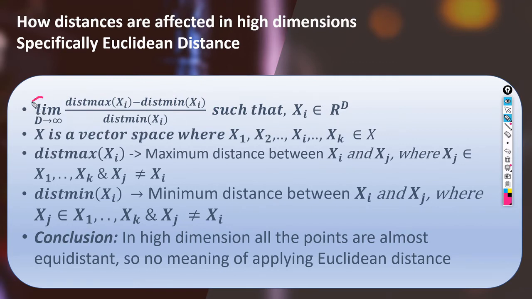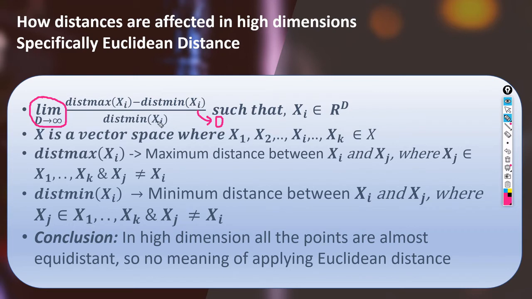That's why I have given this limiting term. If D approaches infinity, that means a very, very high dimensional space, this value would actually become 0. What does that mean?